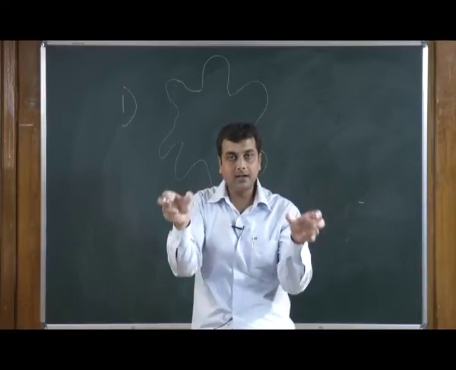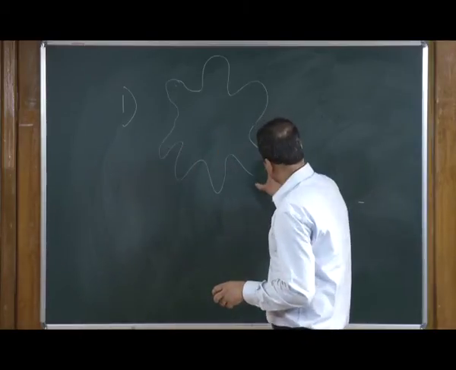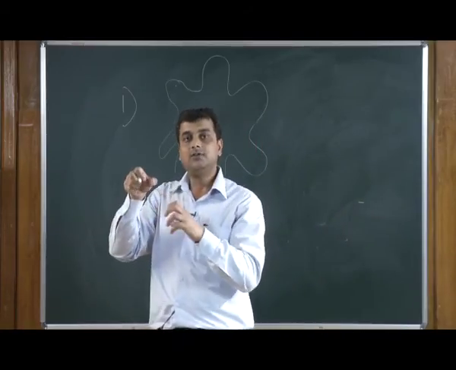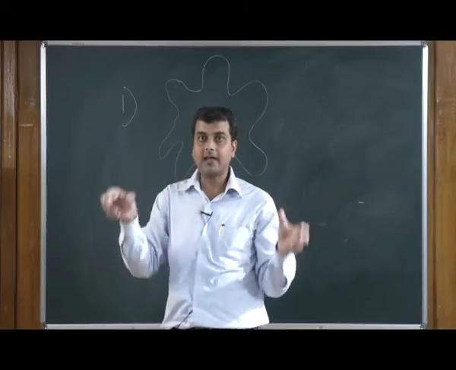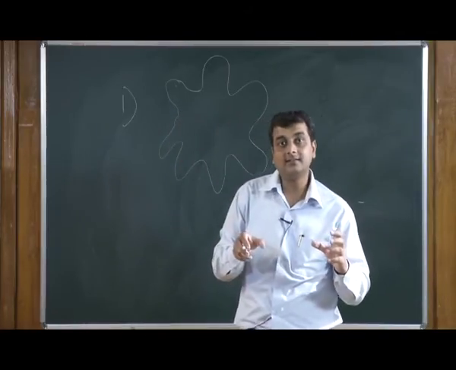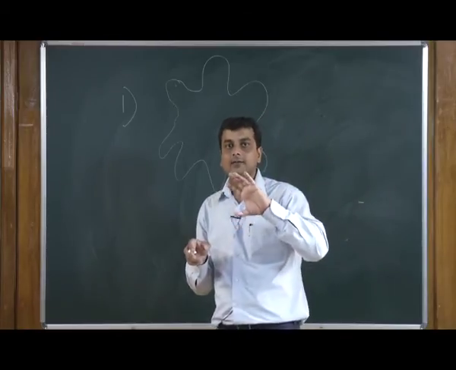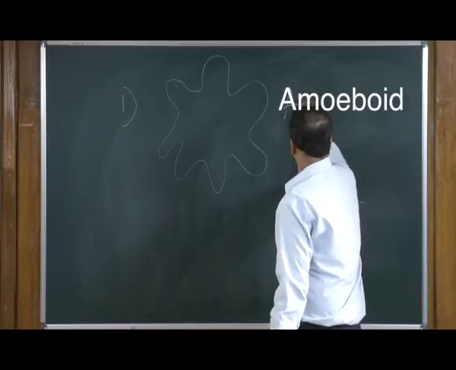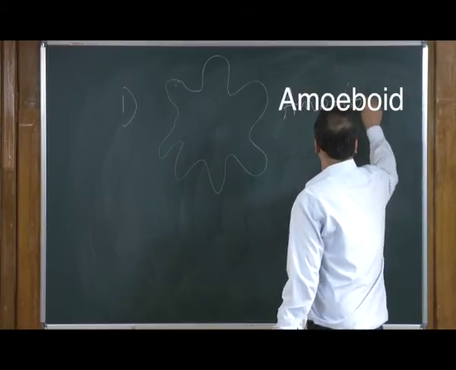The plasma membrane forms pseudopodia, and they move into different body fluids or body cavities, the same as what we discussed in amoeba. So these are similarly called amoeboid movement.